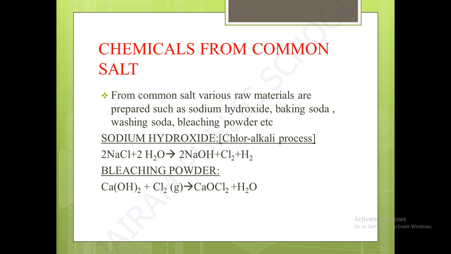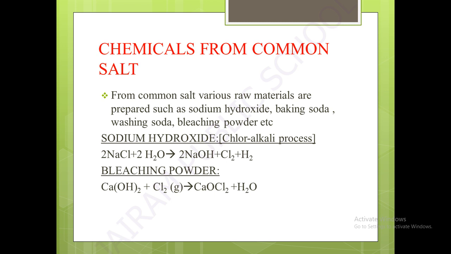The sodium chloride decomposes to form sodium hydroxide, chlorine, and hydrogen gas. Chlorine is given off at the anode and hydrogen gas is given off at the cathode. Sodium hydroxide, the product obtained, is formed near the cathode.